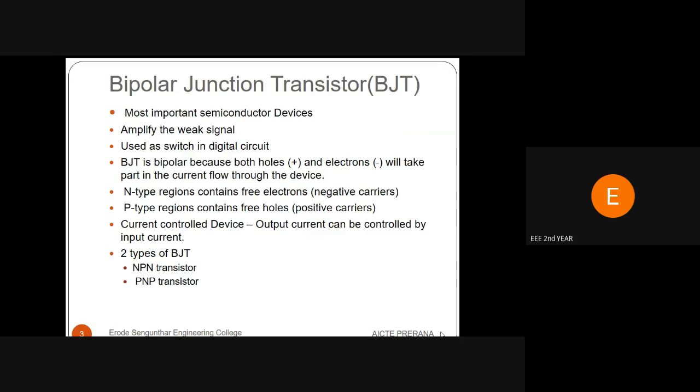The PNP transistor has two P regions and one N region between the two P regions. Of these two types, the NPN transistor has higher mobility. So for most applications like amplifying the weak signal and switching operation, we use only the NPN transistor.